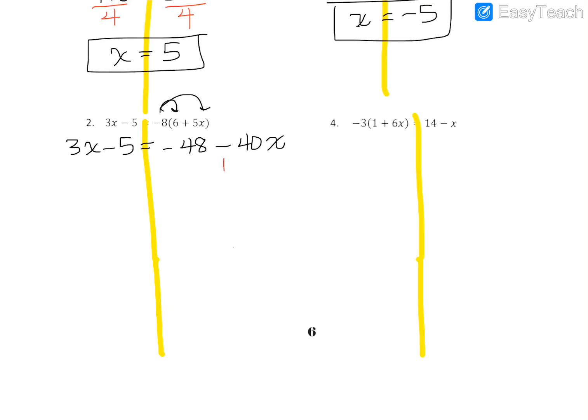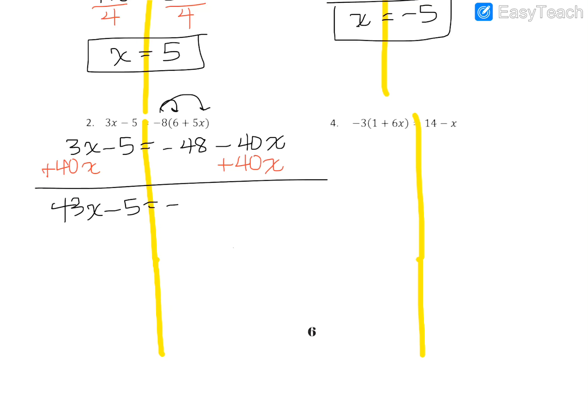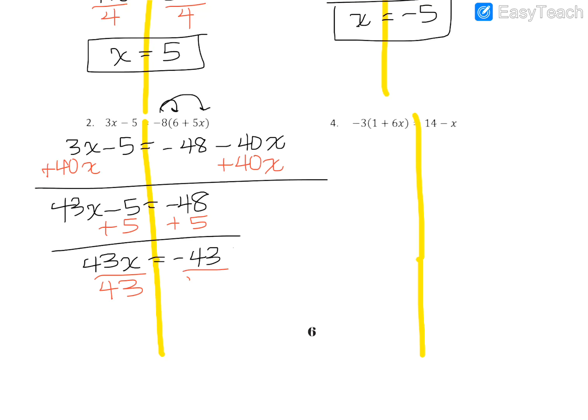That would be my negative 40, so I'm going to add it. So 43x minus 5 equals negative 48. Move the constant, which is the negative 5, and divide by 43. So our final answer is negative 1.